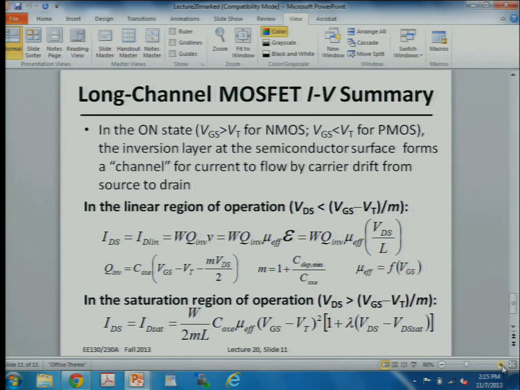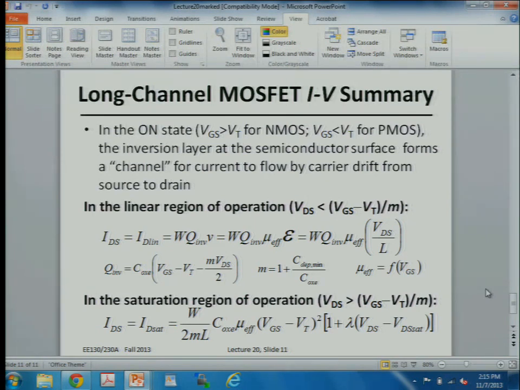Okay, so what's an easy way to remember these current versus voltage equations? For the exams, it's good to know them. It's actually summarized here. You should be able to derive this very quickly if you forget, let's say if you forget to write them down in your notes. So we know the current flowing between the source and the drain is proportional to the width of the channel, right?